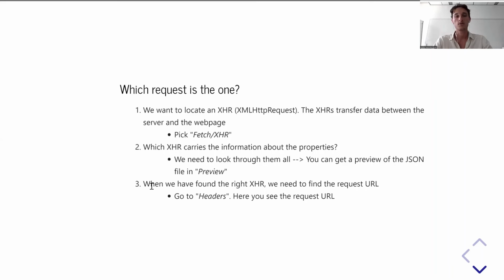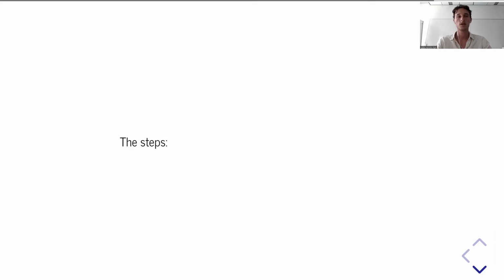And so when we have found the right XHR, then we go to the header field, and we look at the request URL that is shown there, and we copy paste that into our get request in Jupyter Notebook. So that is what I want to show you now.